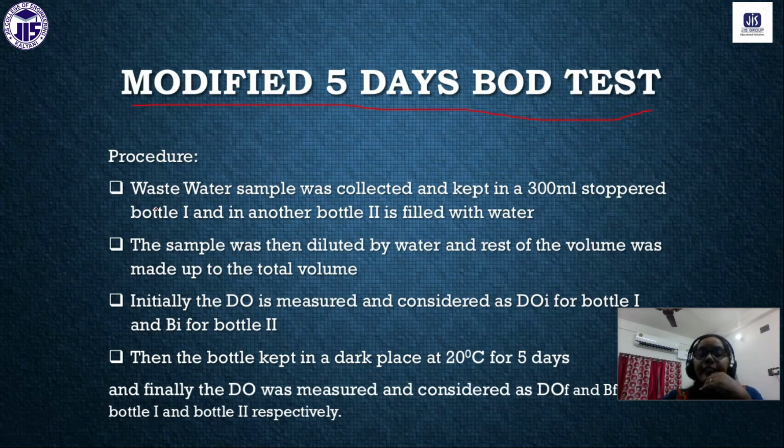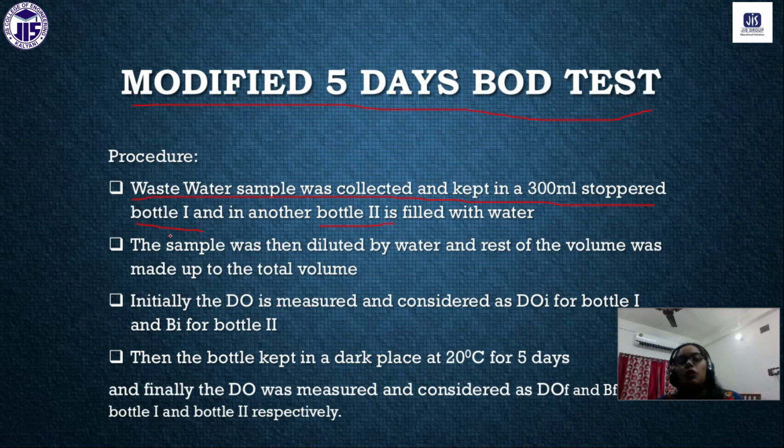Now we will see here what is the procedure of the modified BOD test. One is the wastewater sample first. What we have to do here, we will take two bottles rather than one bottle. The first bottle is marked as bottle 1, and another bottle is marked as bottle 2.